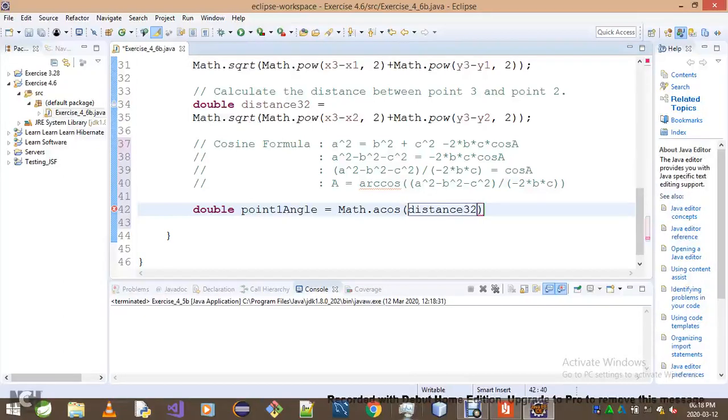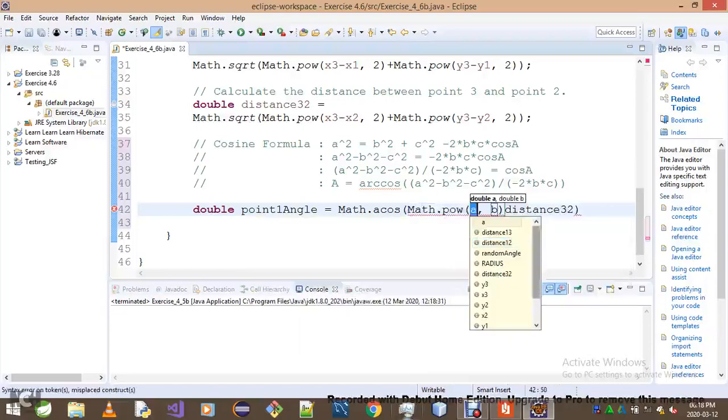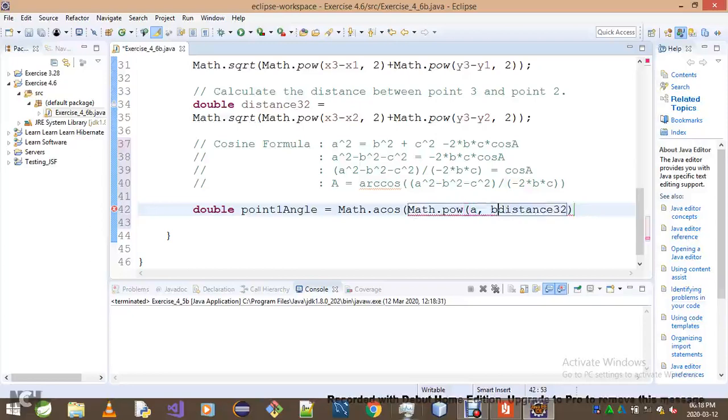So in order to square that, we will simply say math.pow. I'm trying by all means not to confuse people here, but I don't know, perhaps I'm wrong, I'm complicating things. Okay, so small letter a is nothing else but the distance between AB.